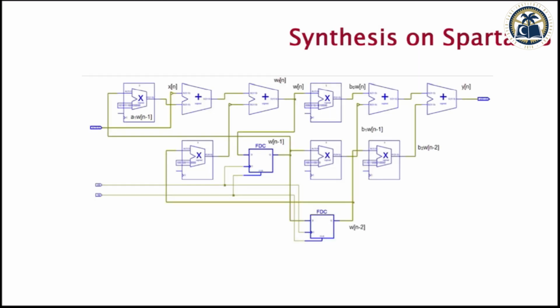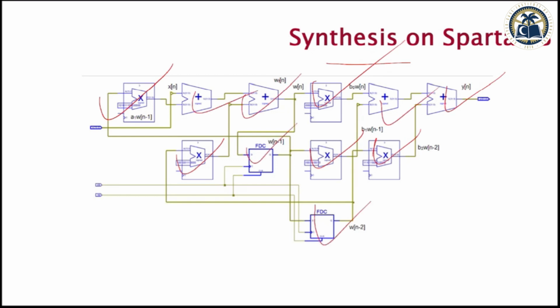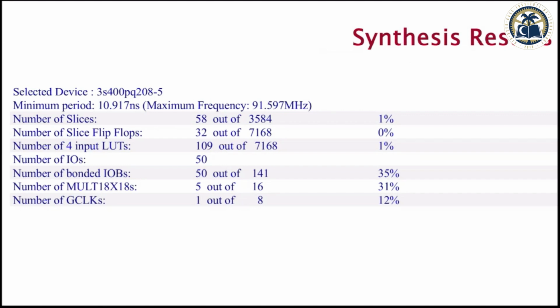And this is what the synthesis tool has generated based on your code: how many multipliers, adders, and registers. Sometimes you can go find the circuit diagram and see how many resources are used, and sometimes you don't care.